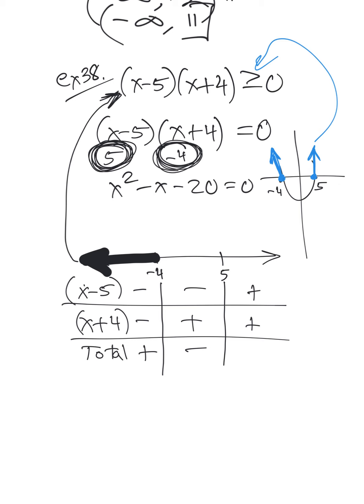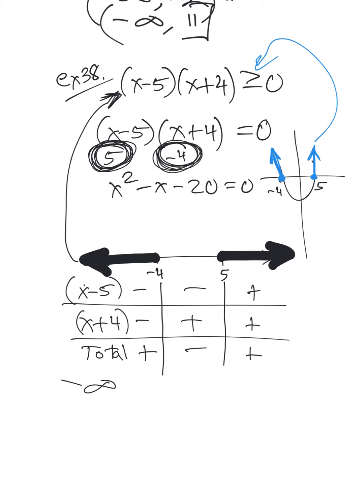Many students really understand if I have a big positive number and I subtract 1 from it, it's obviously still positive. So we multiply those two together. Positive times positive is positive. So we are definitely shading that one because we wanted positive, and we are including 5 because it's also equal at that value, at 5.